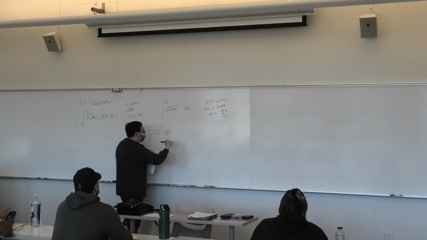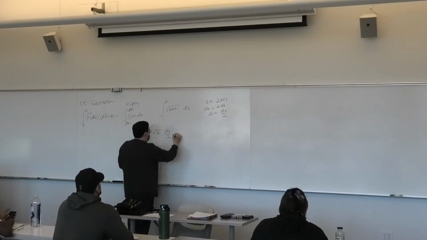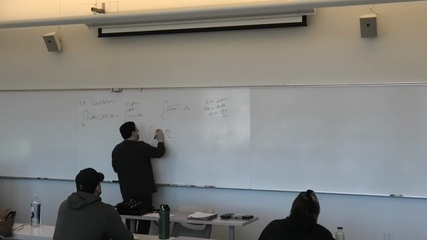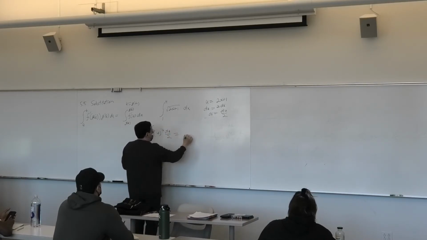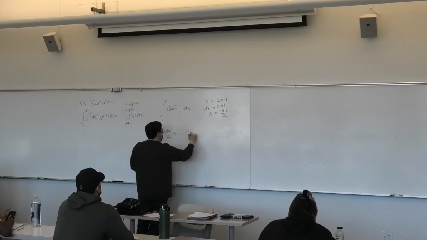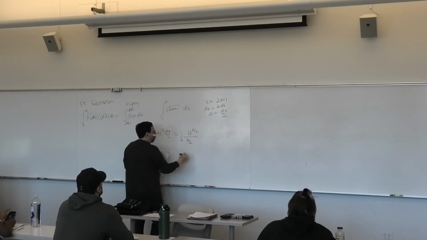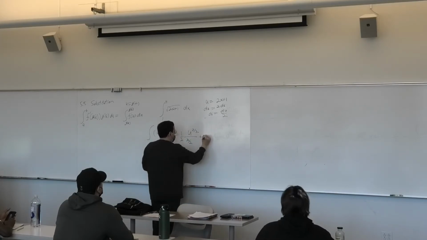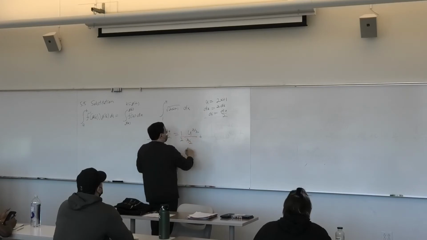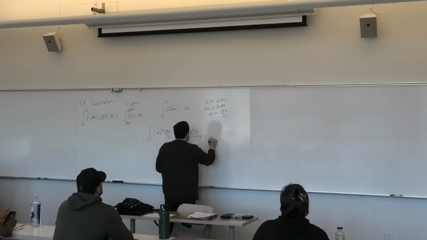Well, let's just go through it again the way we would have before, right? So x to 1/2. This becomes u to the 3/2 over 3/2. We still have a half here, plus a constant.